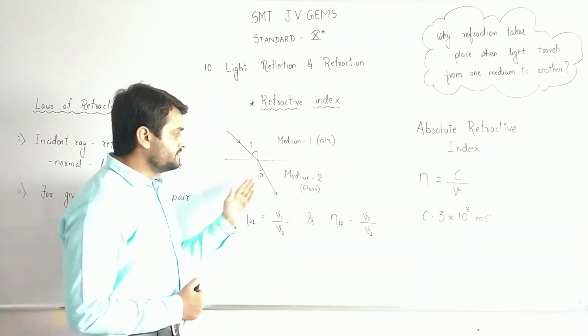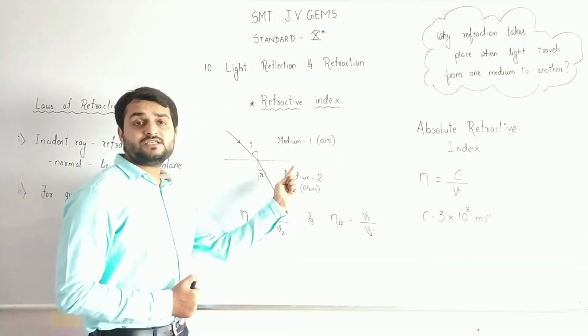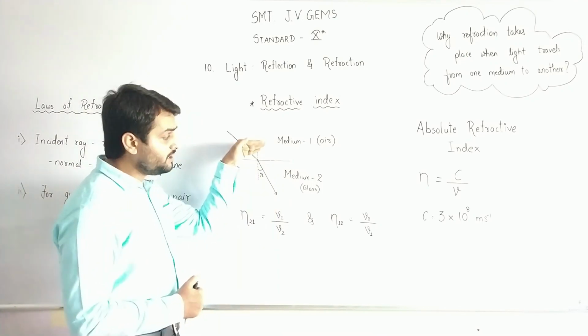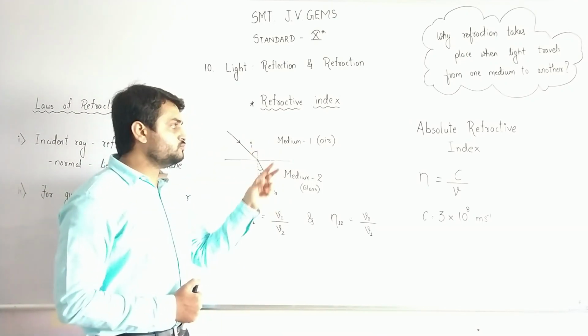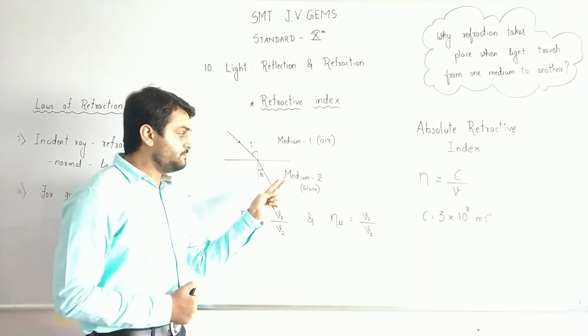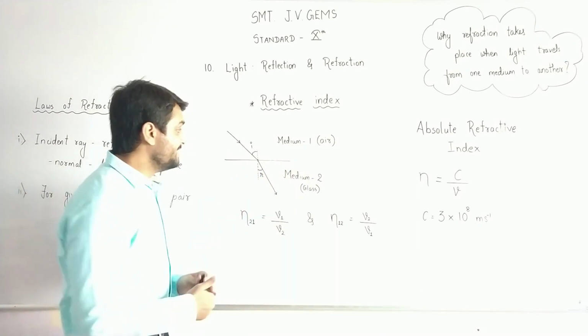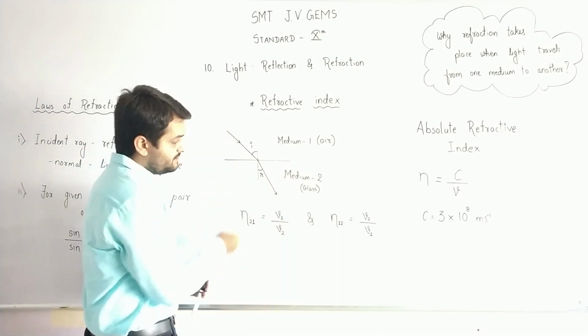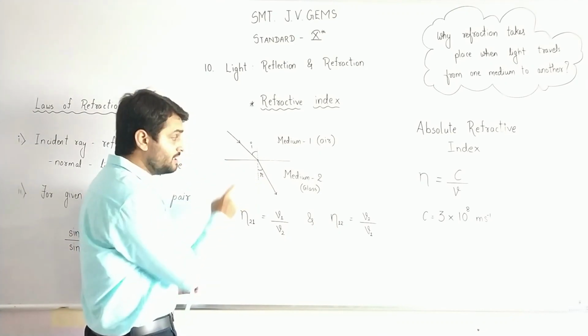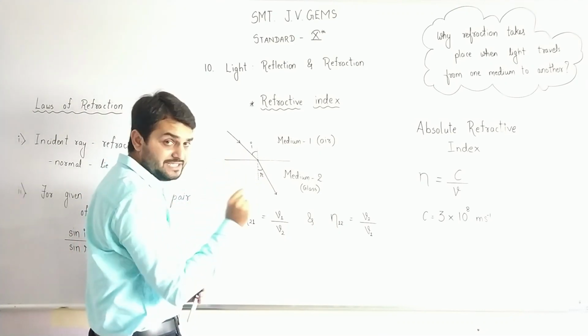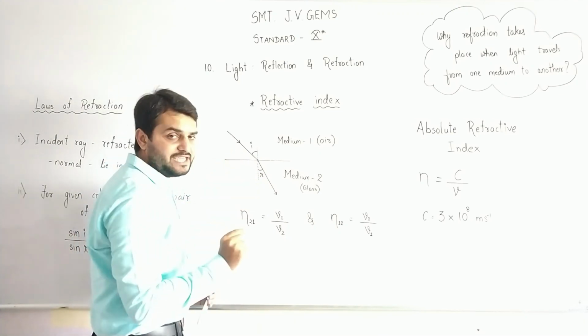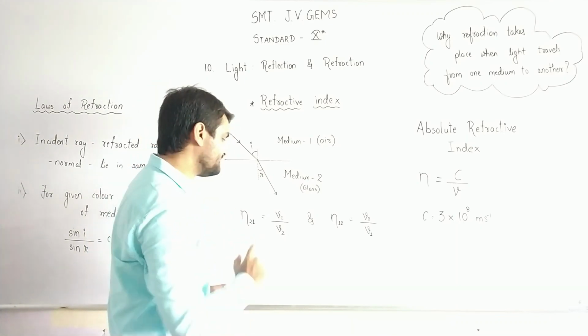Now as you can see in the diagram, this is the surface which separates medium 1 and medium 2. Just assume that medium 1 is air and medium 2 is glass. This is my incident ray, this is my refracted ray, I is my angle of incidence, and R is the angle of refraction.